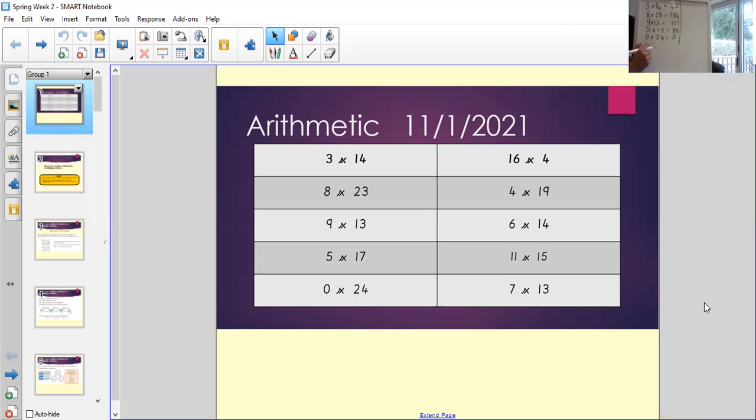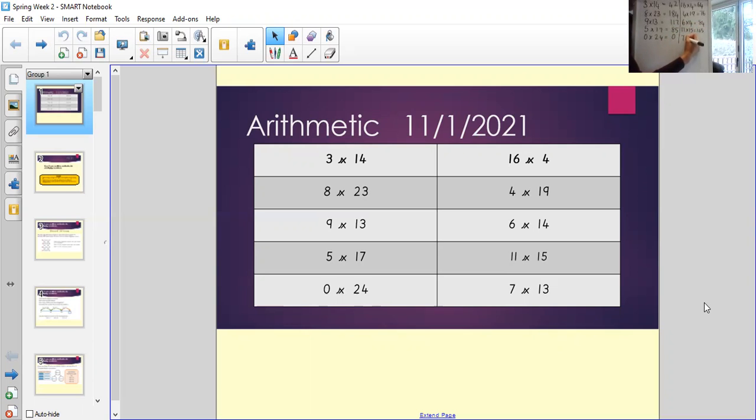And if we go to the other side, 16 times 4 equals 64. 4 times 19 equals 76. 6 times 14 equals 84. 11 times 15 equals 165.